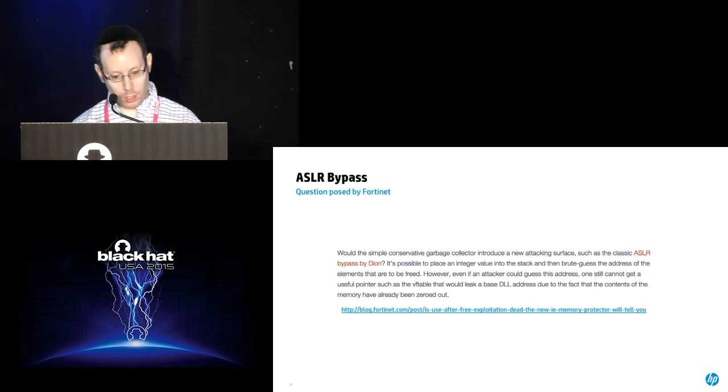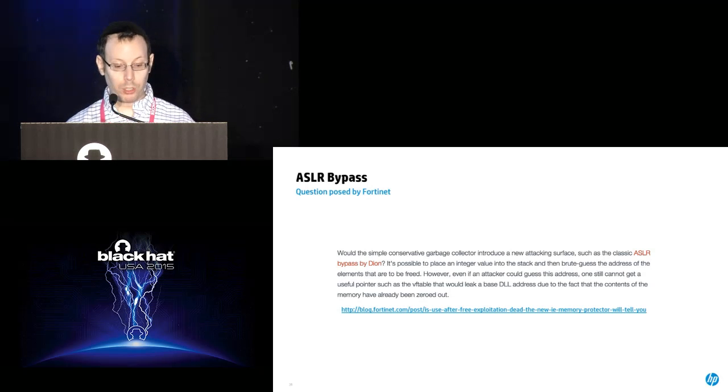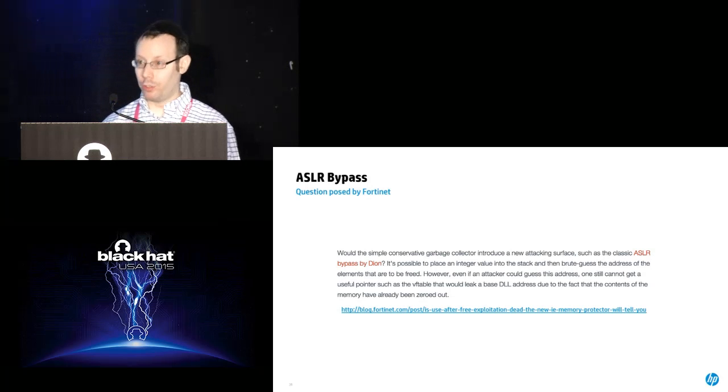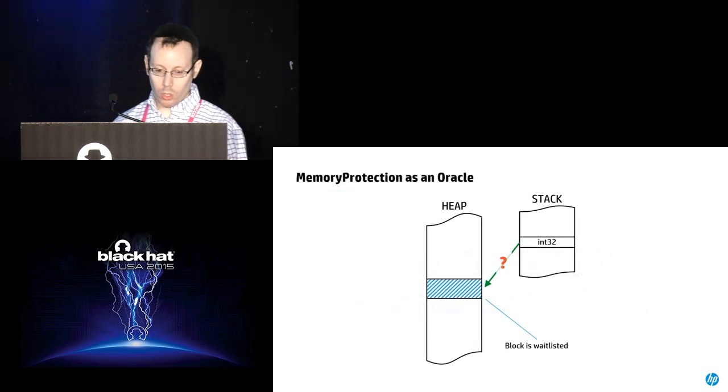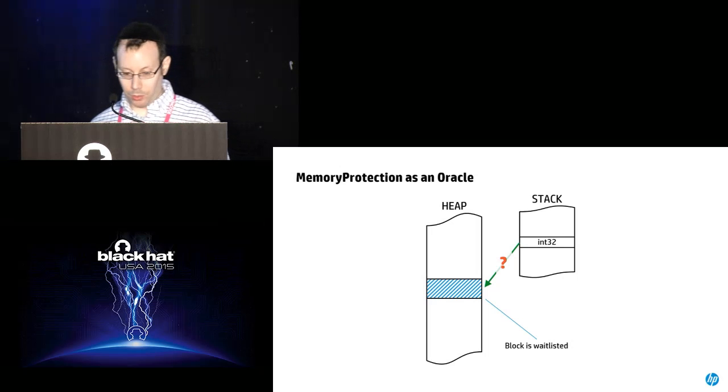So, if we like, we can plant a chosen integer value on the stack, and memory protection will interpret it as a pointer. Memory protection will then exhibit different behavior depending on whether or not the integer we chose corresponds to an address of waitlisted memory. Here we see a block on the waitlist.